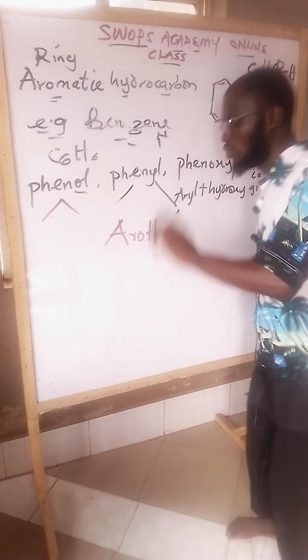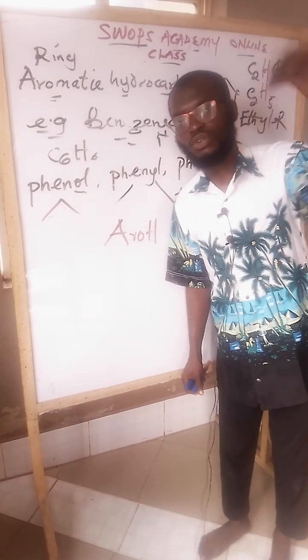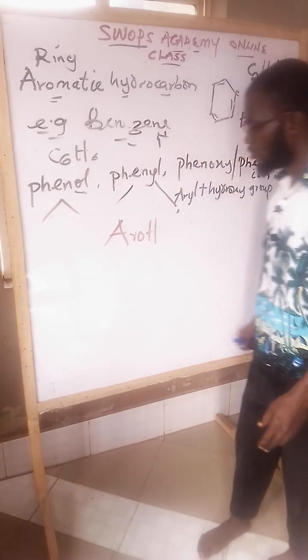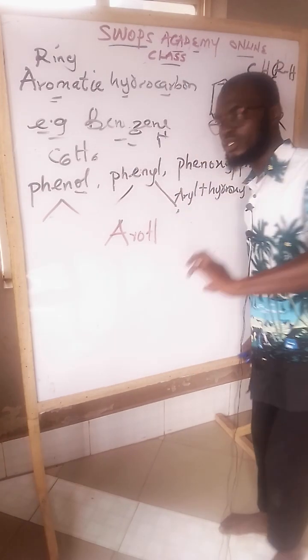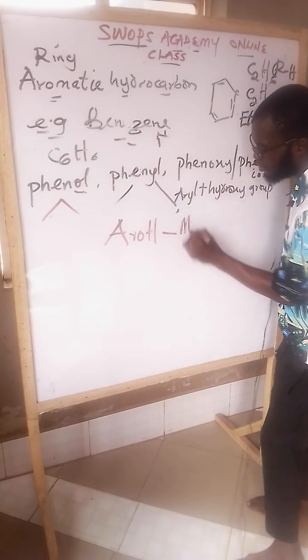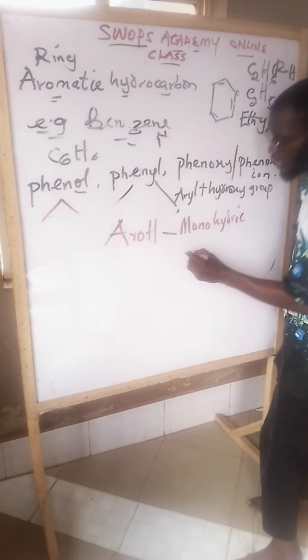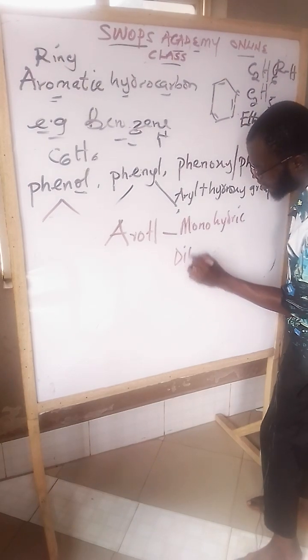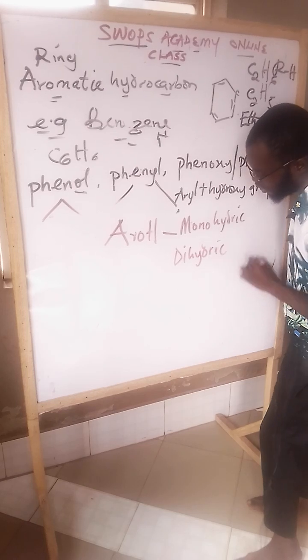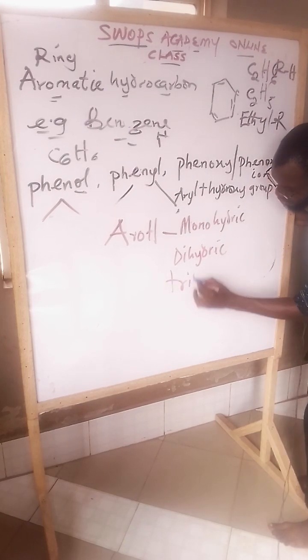We have monohydric aromatic hydrocarbon. That means phenol can be monohydric in nature, it can be dihydric in nature, and it can be trihydric or polyhydric.